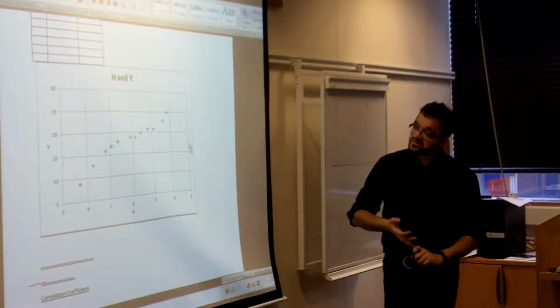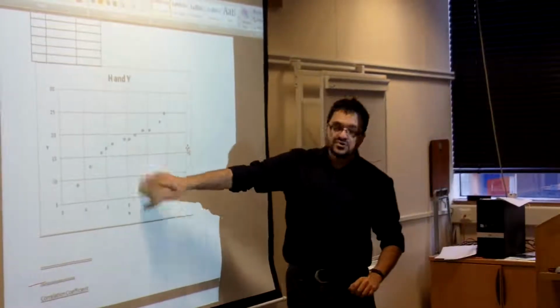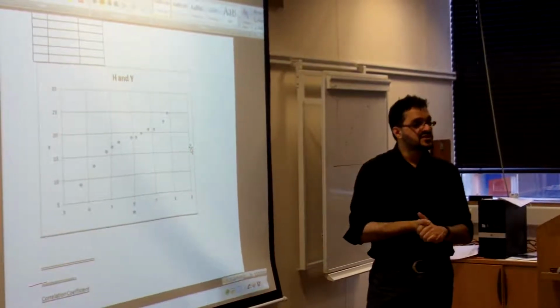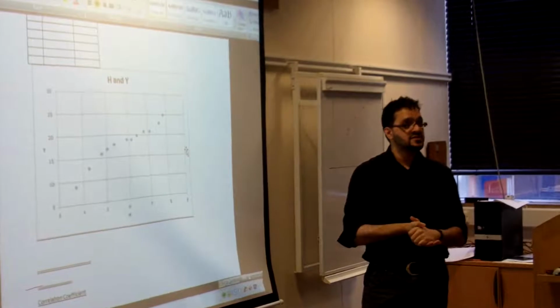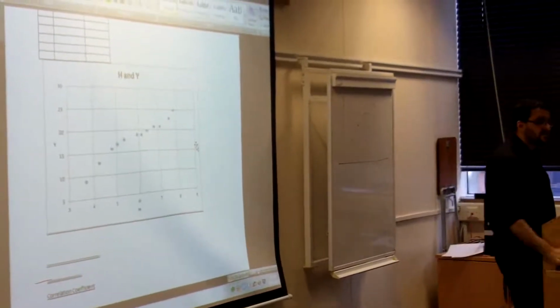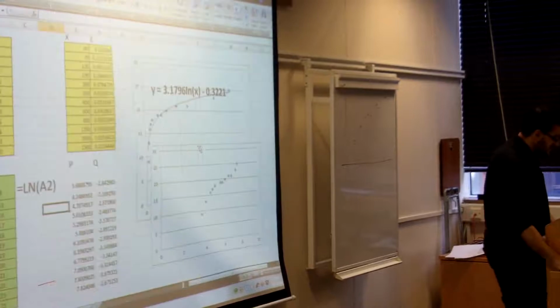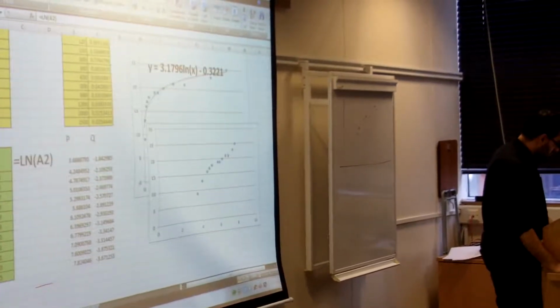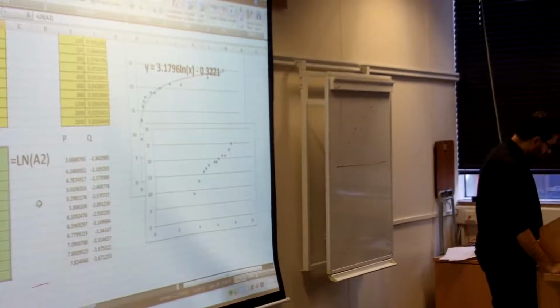Okay, and once you have done this, you use Excel to find the Pearson's product moment correlation coefficient, which you all know about, yes? Okay, so let's have a look. Here's my data.